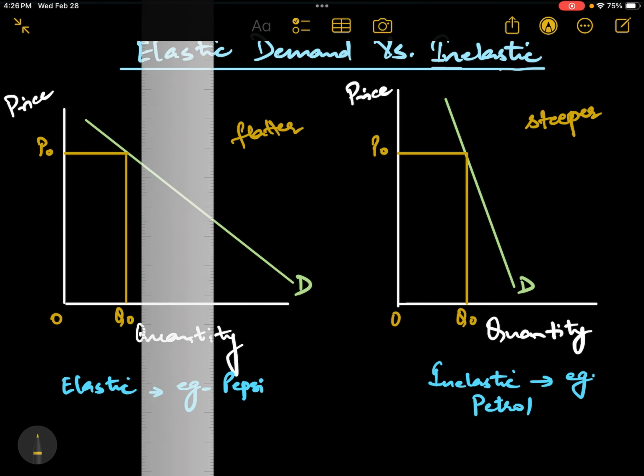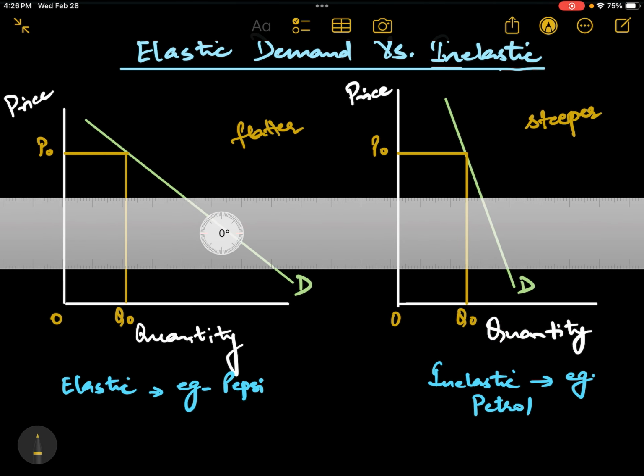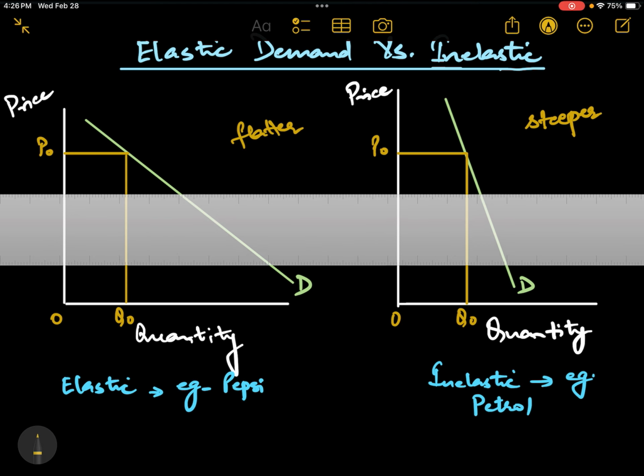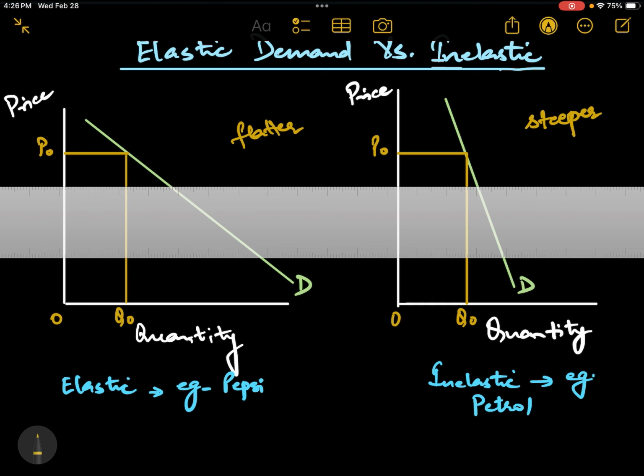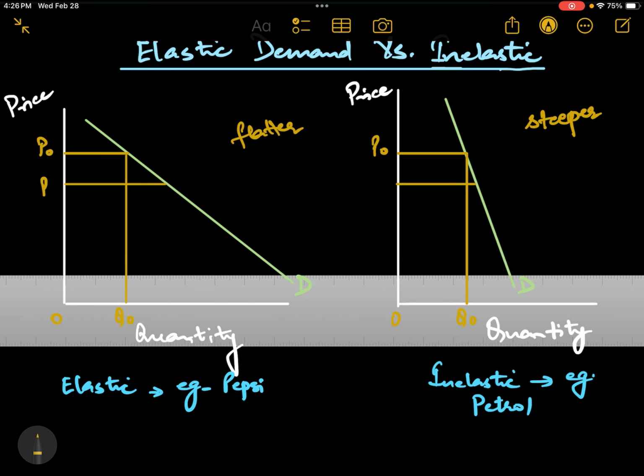Now if the price changes, let's say the price of both the commodities has gone down by the same amount. So now the new price is P1, P1.